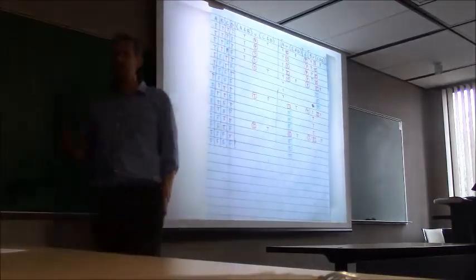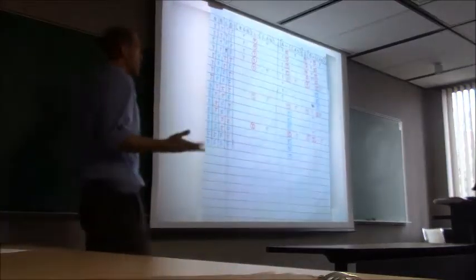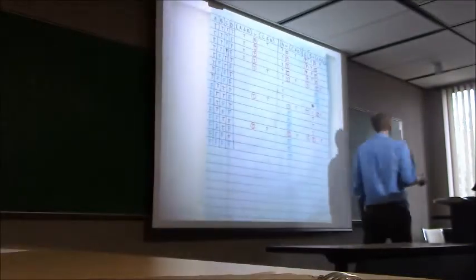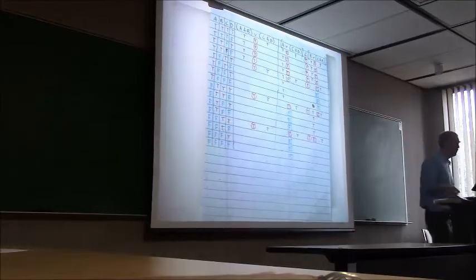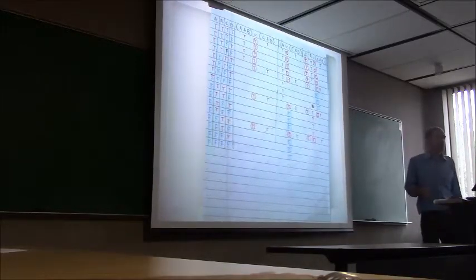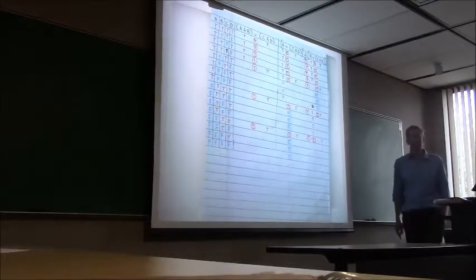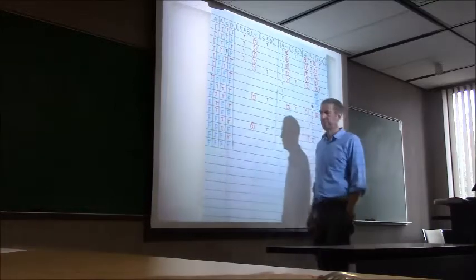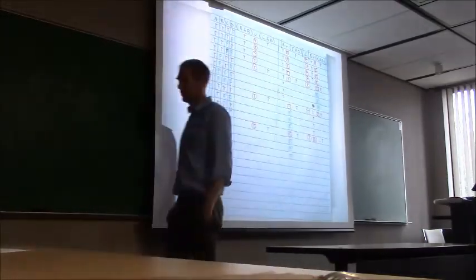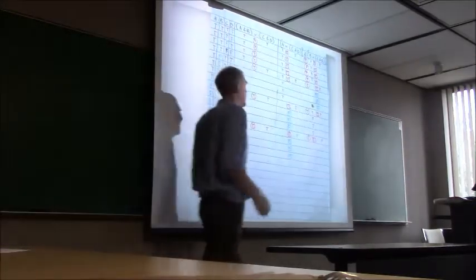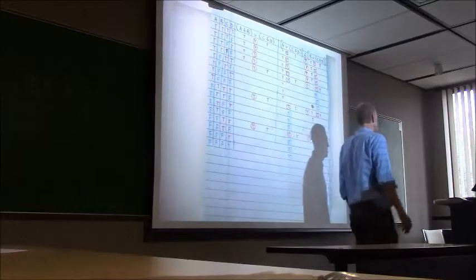So the truth value based test for when an argument is valid is, and you might want to write this down, an argument is valid if the premises are true, the conclusion has to be true. In fact, an argument is valid if and only if the premises are true, the conclusion has to be true.